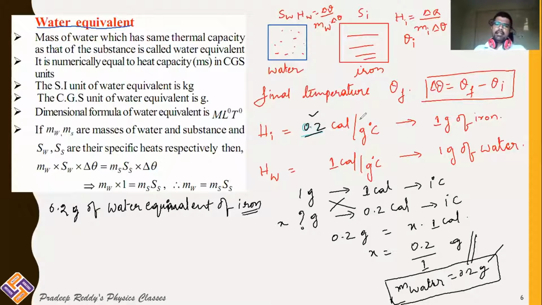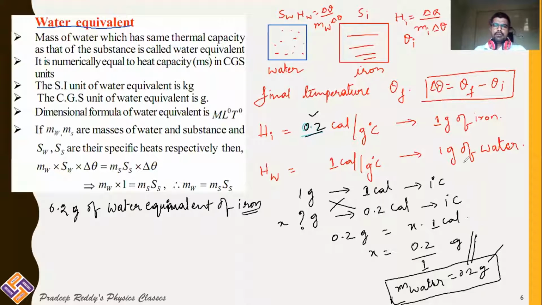Likewise, every material has its own specific heat. Based on its specific heat, you can calculate the water equivalent for that. For iron, we are considering it as 0.2 calorie per gram degree Celsius. If you take some other value instead of iron, for example wood, it may be a different value, which is around 0.8.